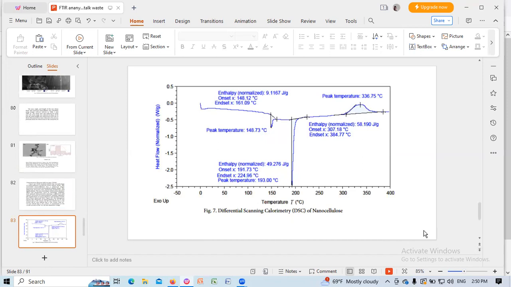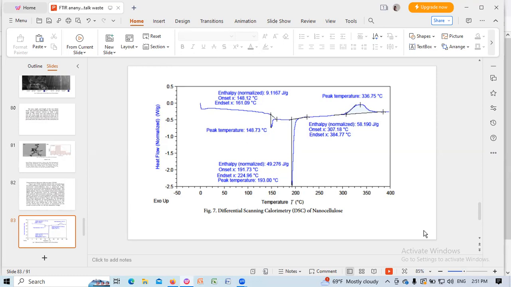This is the differential scanning calorimetry. It shows the thermal behavior of the nanocellulose material from 0 to 400 degrees Celsius.